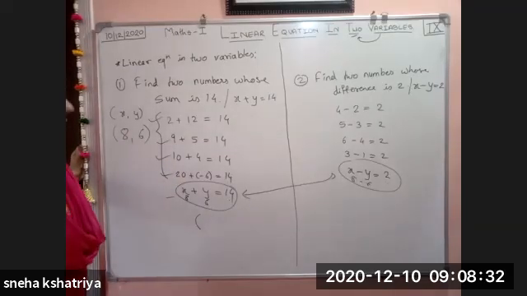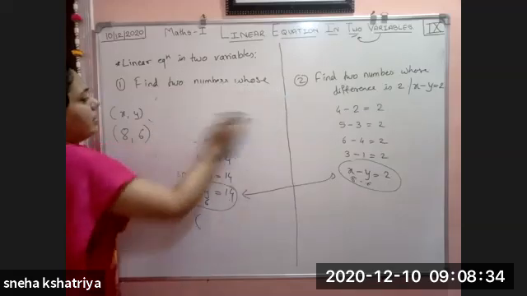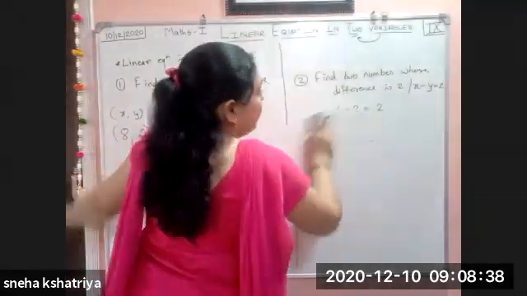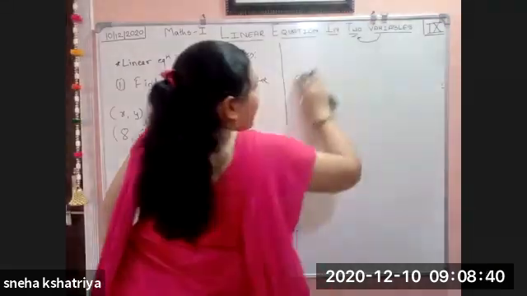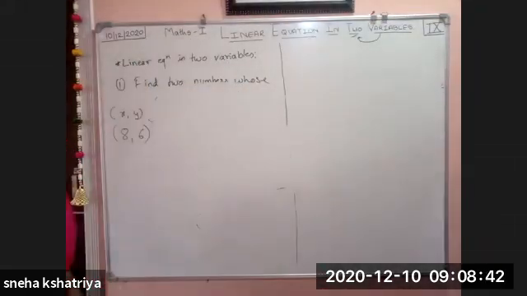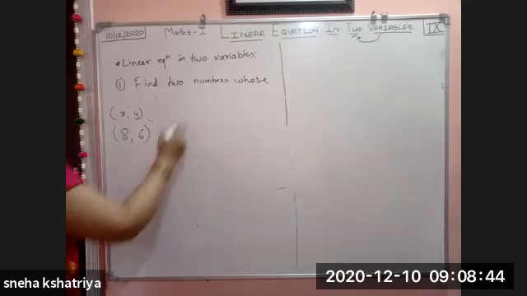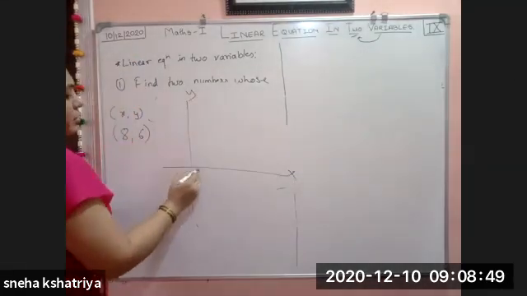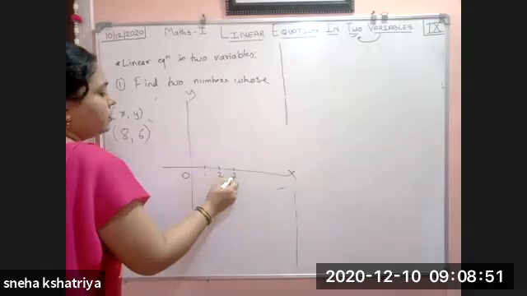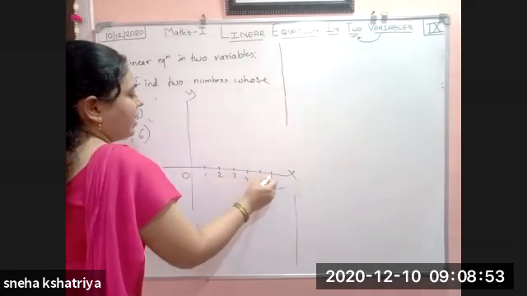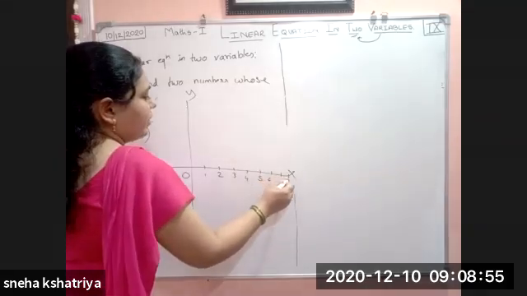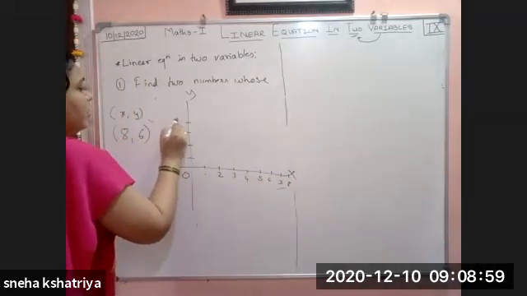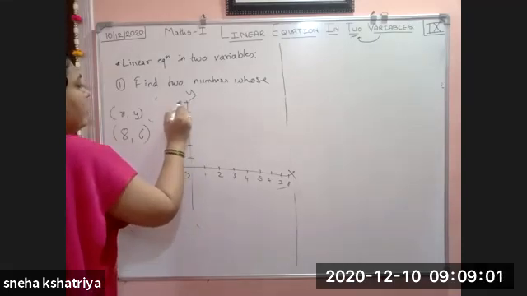Next year, when you find such a solution from any linear equation, you have to plot this point on the graph. This is the x-axis, this is the y-axis, this is the origin. 1, 2, 3, 4, 5, 6, 7, 8, and here 1, 2, 3, 4, 5, 6.